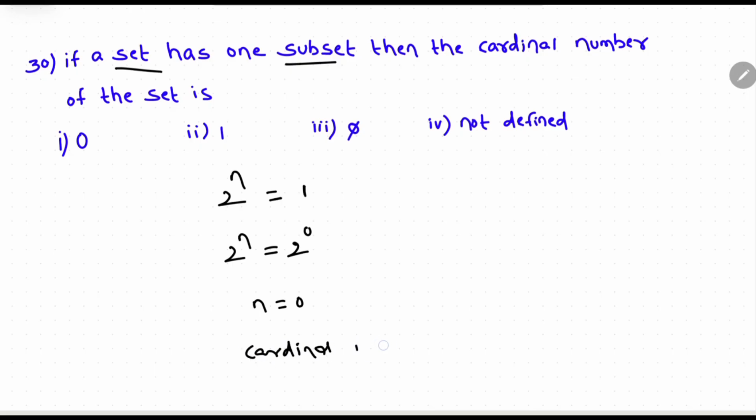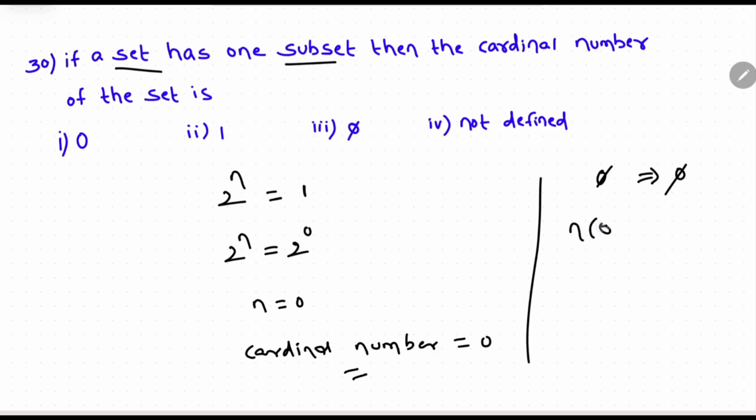One more simple logic: only the null set has exactly one subset. When the set is the null set, it has only one subset, that is the null set. As the null set doesn't have any elements, the number of elements of a null set will be equal to 0. That's it.